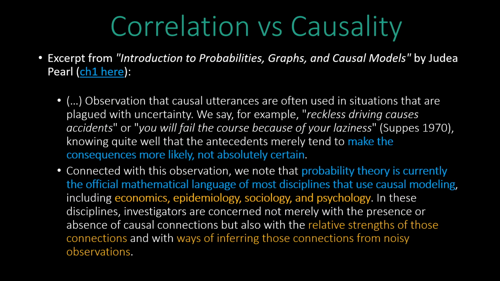Cool. So in here I will also include, just to add to this point, a book on probabilities, graphs, and causal models, where this is written. By the way, I found this relatively readable.